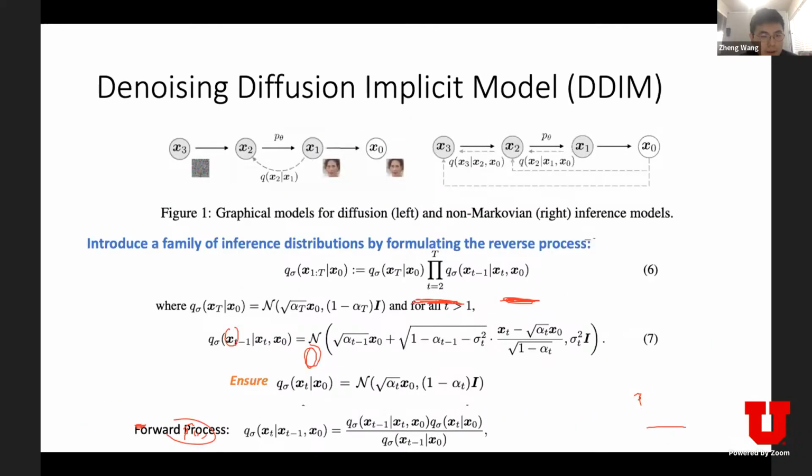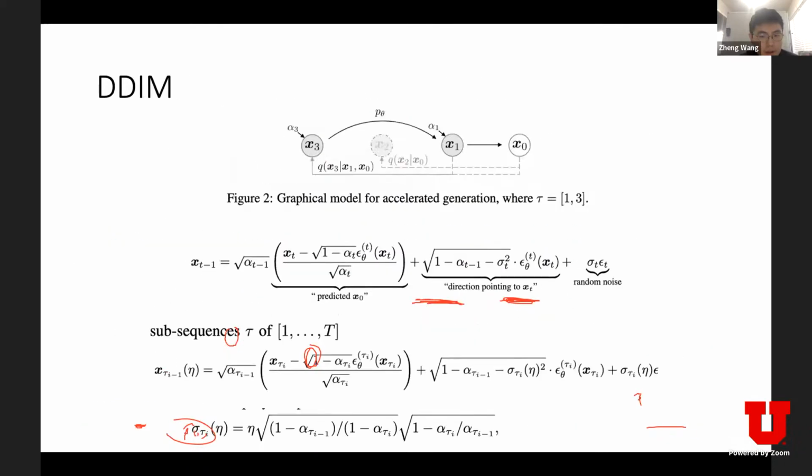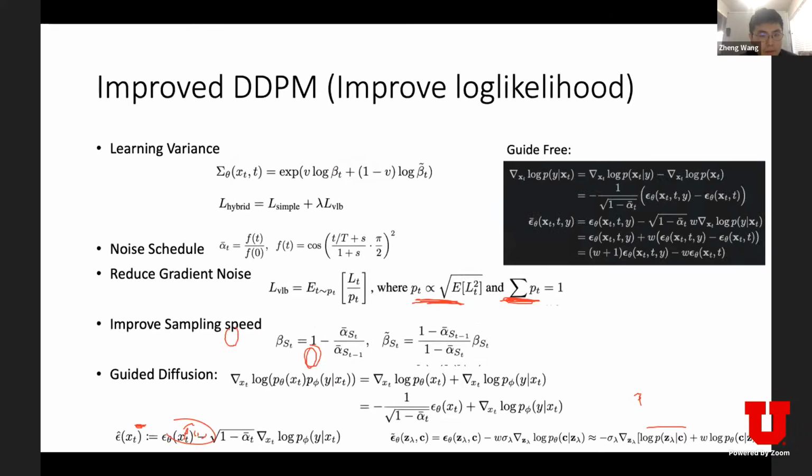In this paper, they try to approximate the reverse variance. They also do some interpolation, but the problem is, why don't they just stick to the accurate beta hat? Accurate variance should be this one, right?